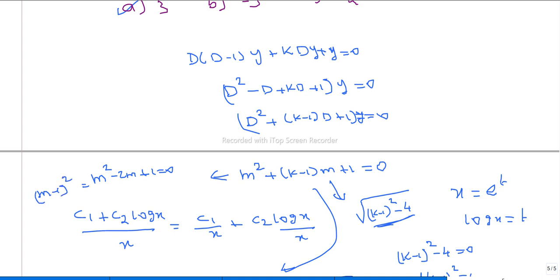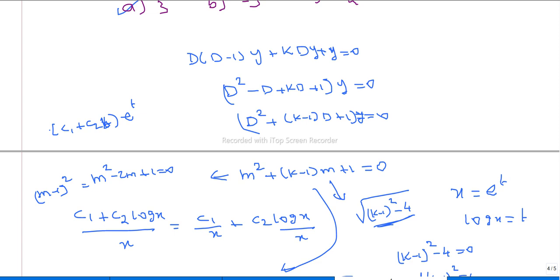Therefore the roots are repeated, that is 1. So the solution is (c1 plus c2 times t) e power t, but t is log x and e power t is x, so we get x into log x, but the solution is whole divided by x.